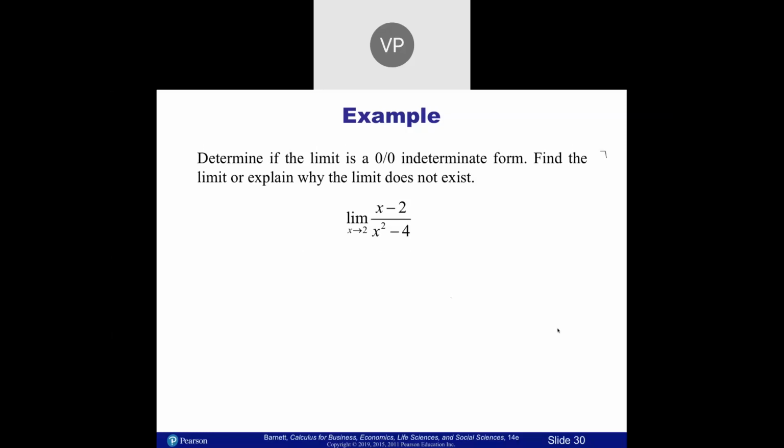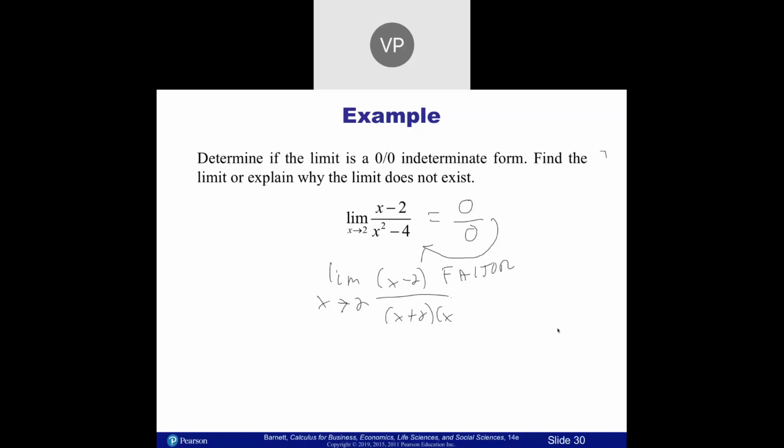Now, same thing in this problem. We plug in a 2. This is kind of like the one before. If you plug in a 2 right now, you see on the top you get a 0, and on the bottom you get a 0. So that means go factor. So we have the same exact limit here. On the top we have an x minus 2.